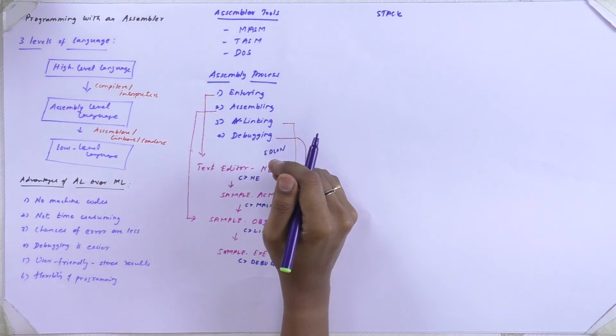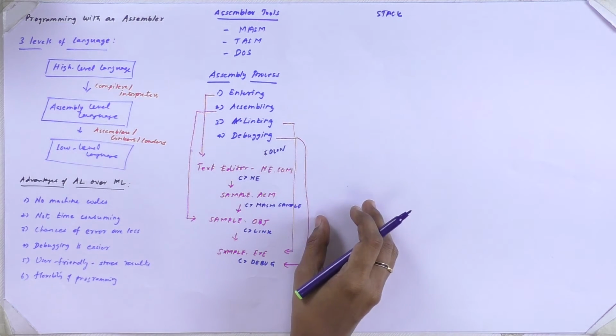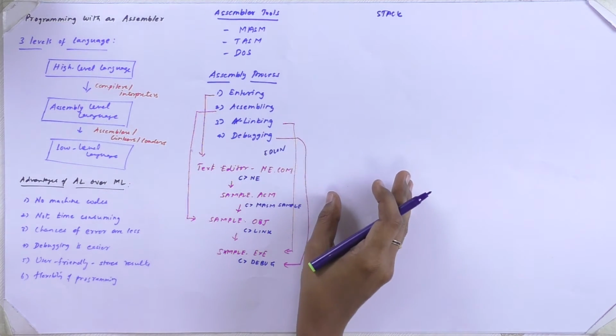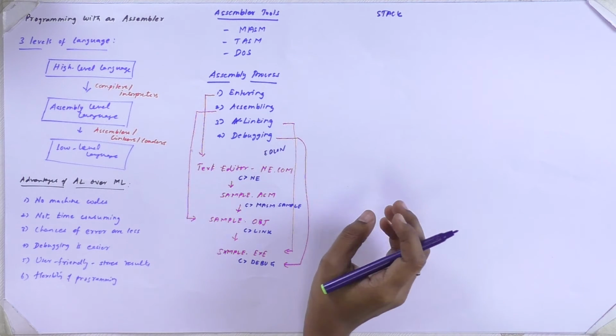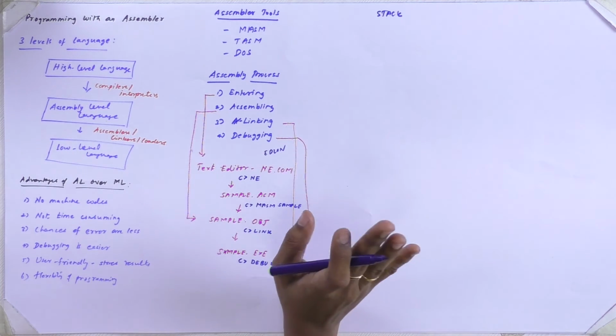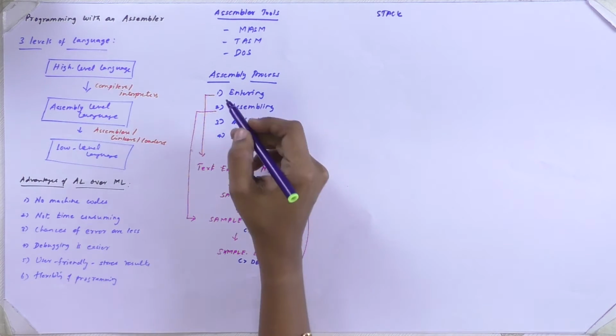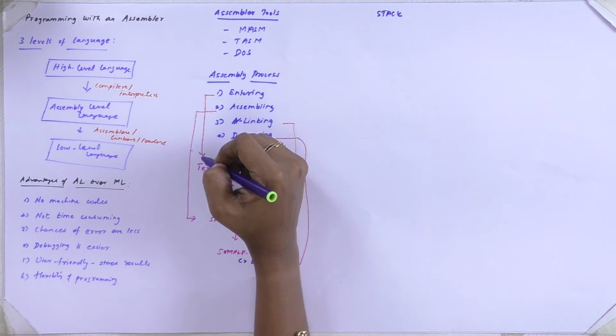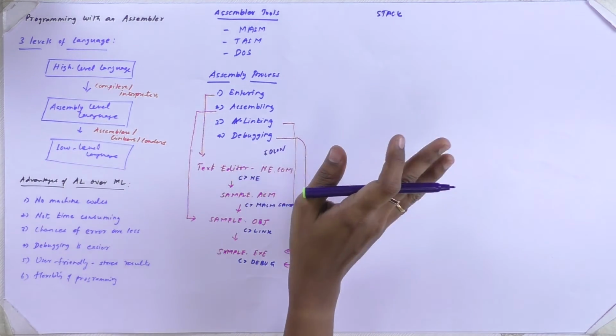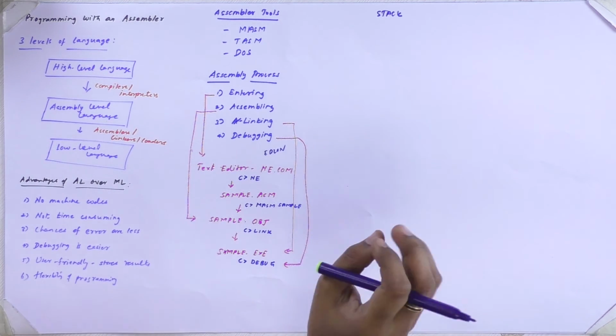These text editors are used to write the program listing, and it will be saved under a file name. So this is the process of entering the program in the text editor and saving it with the file name.